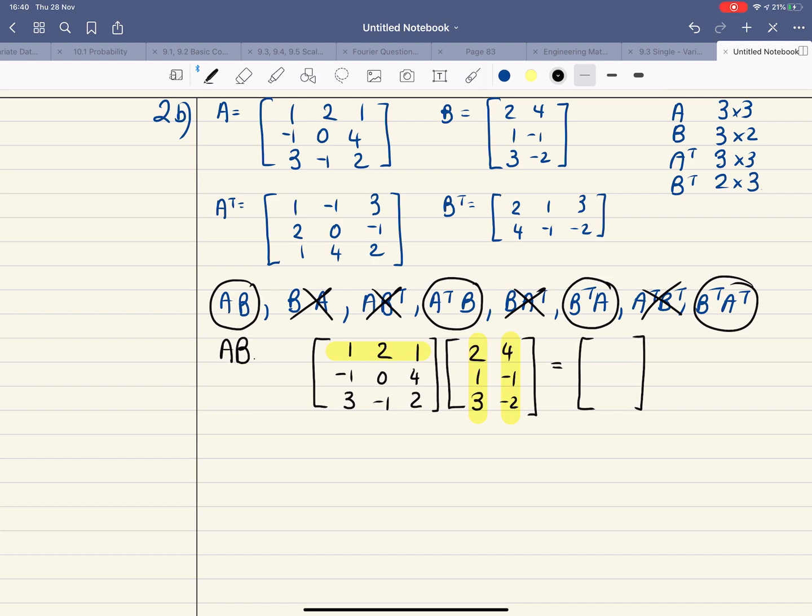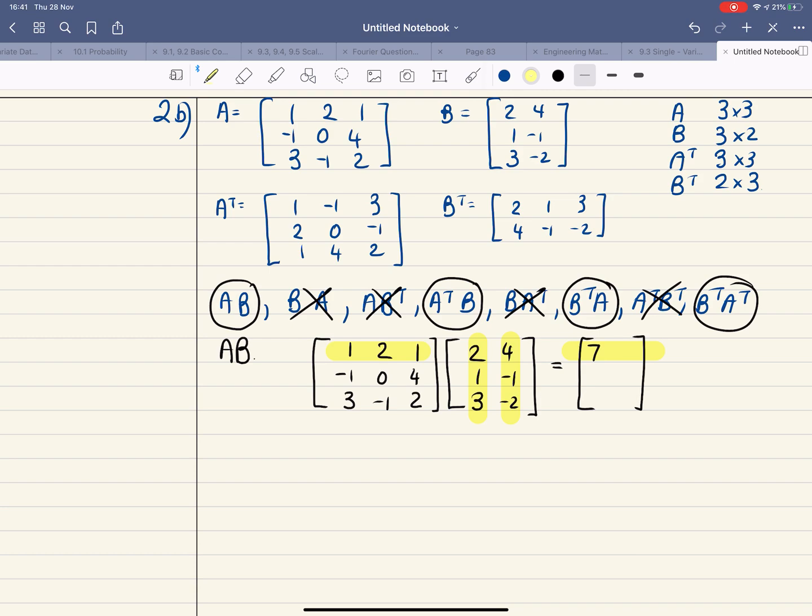So I'm doing first row, first column: 1 times 2 plus 2 times 1 plus 1 times 3. So it's 2 plus 2 plus 3, which is 7. And then the next one, 1 times 4 plus 2 times minus 1 plus 1 times minus 2.